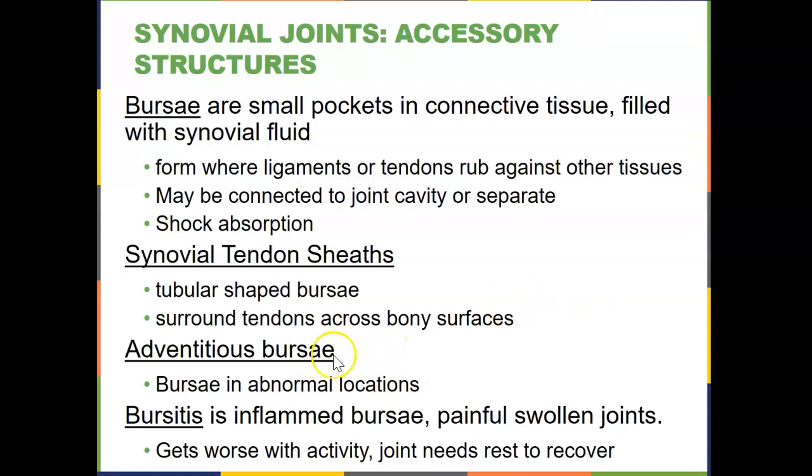And what happens to the bursa when they get upset and inflamed? We get bursitis. It's very painful to get bursitis, but the only thing that really helps with bursitis is to stop activity, because bursitis tends to get worse as you work the joint more and more.